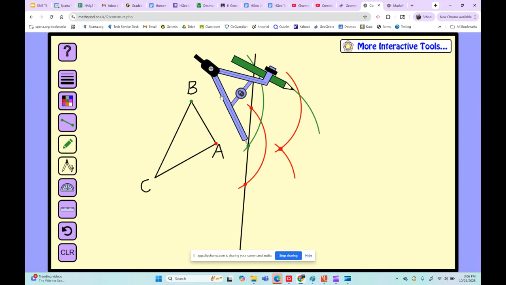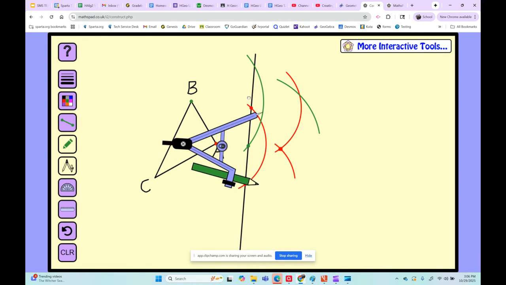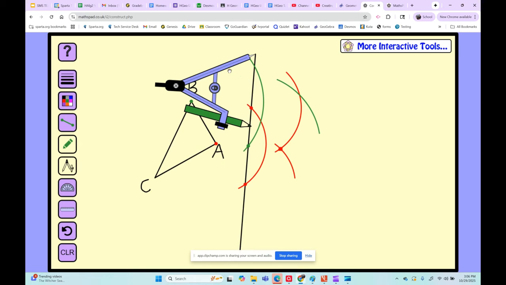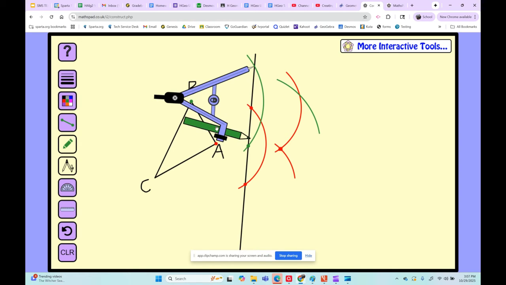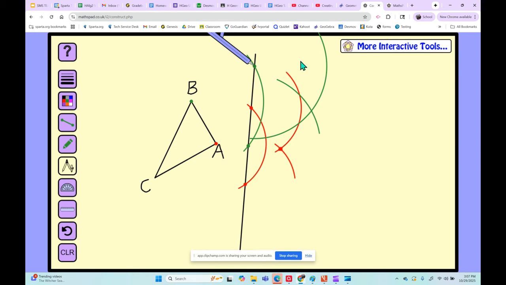There's one arc. I'm going to move it up here and do the other one. I just have to make sure the compass doesn't go above it. Oh, well, I got it. So where that one intersects, right here, that's point B prime.